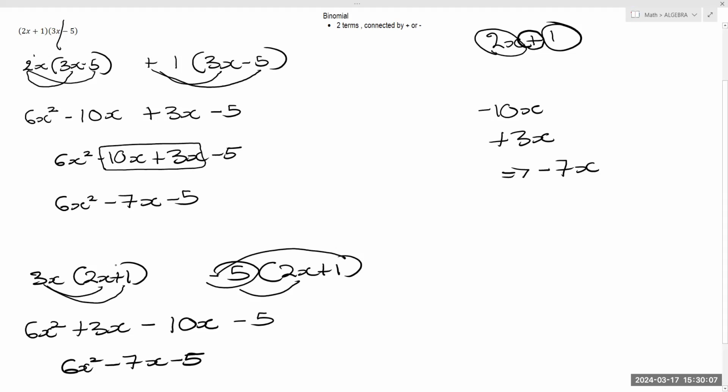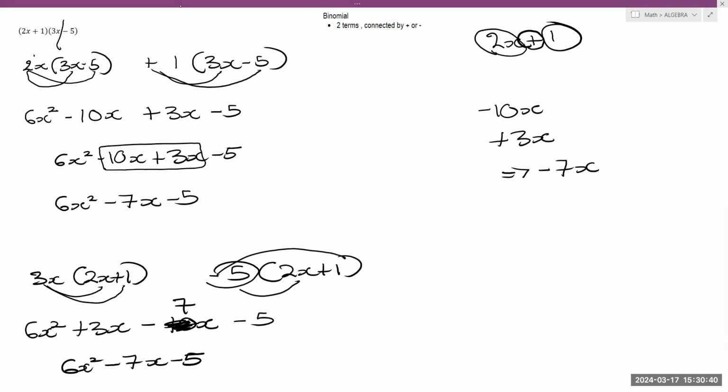For example, let's say that instead of having 10 here, you wrote 7x. And then you say, oh, this shouldn't be the correct answer. If you check again, where was this from? It was from here. -5 times 2x, which should be -10x, not -7x. It just helps you to check your answers again to make sure you're doing the right thing. That's why I like doing it this way.